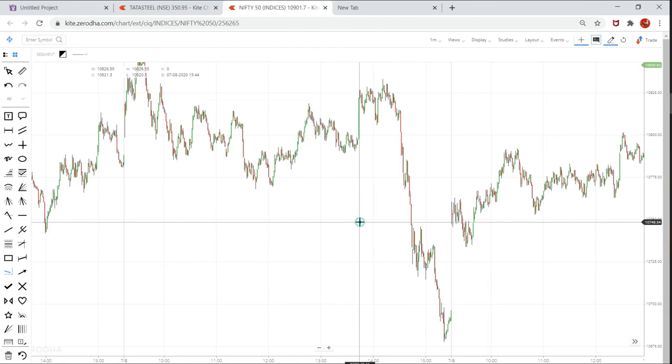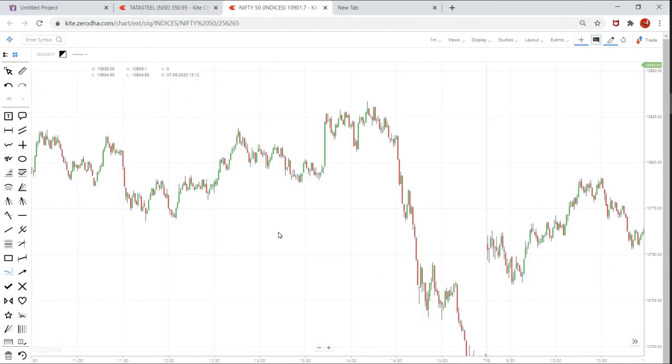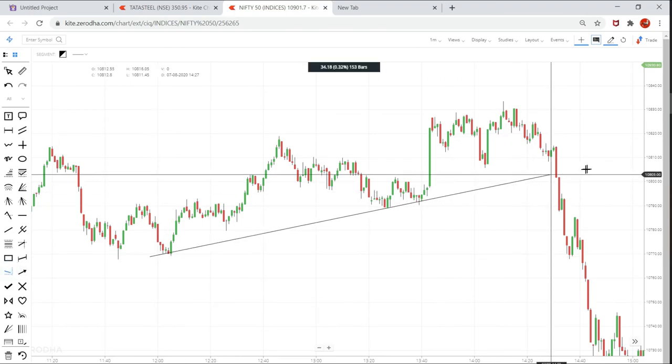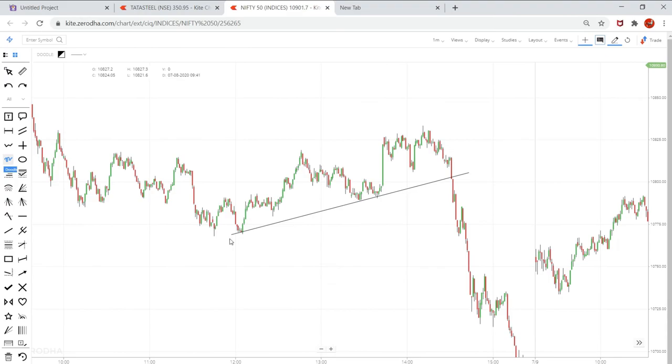So if you come to 8th of July, if I try to draw a trend line over here and connect to maximum points, this is a classical head and shoulder pattern. This is a shoulder, this big thing is the head, and this is one more shoulder.